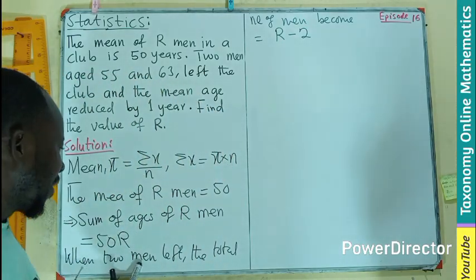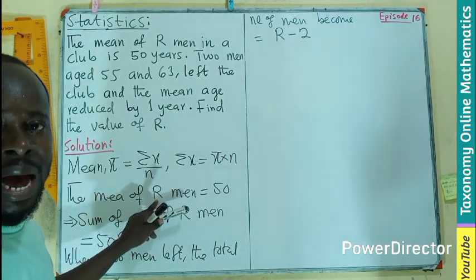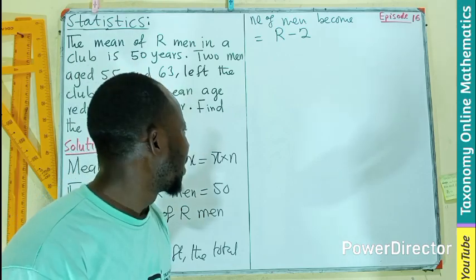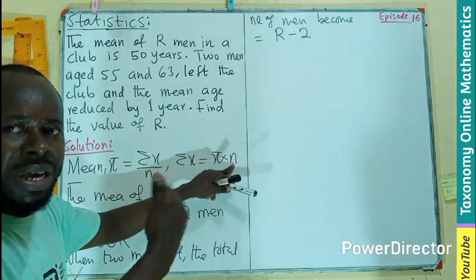Then when the two men left, the number of people moved from R to become R minus 2. Then what will be the sum? The sum is also the mean times this, but we don't know the mean.